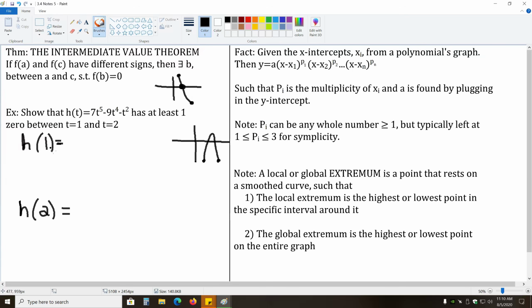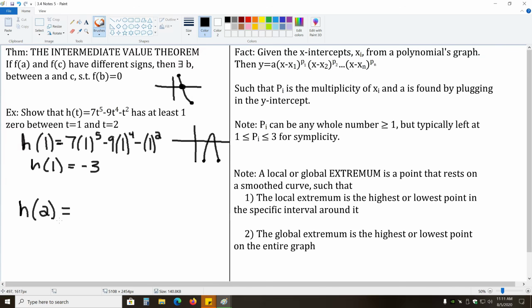So when we plug 1 into this function, we get 7 times 1 to the 5th minus 9 times 1 to the 4th minus 1 squared. And if we go through calculating that really quick, we would get h of 1 equals -3.